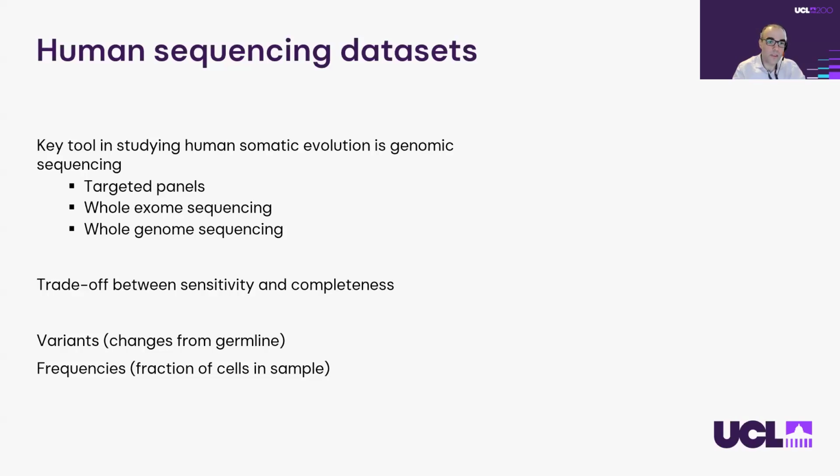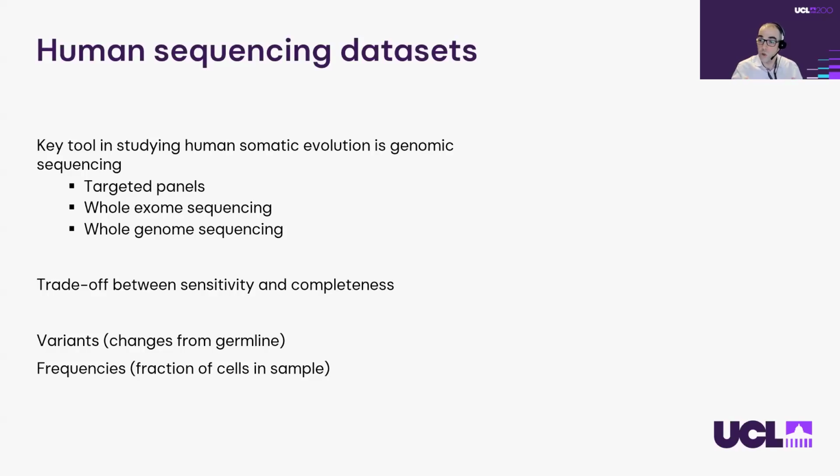Now, sequencing is a key tool in understanding human somatic evolution. And there are different techniques and different ways you can do this. You can take targeted panels. This means you pre-select a set of genes you're interested in, and you just look for variants in those genes. You can also look to whole exome sequencing or whole genome sequencing.